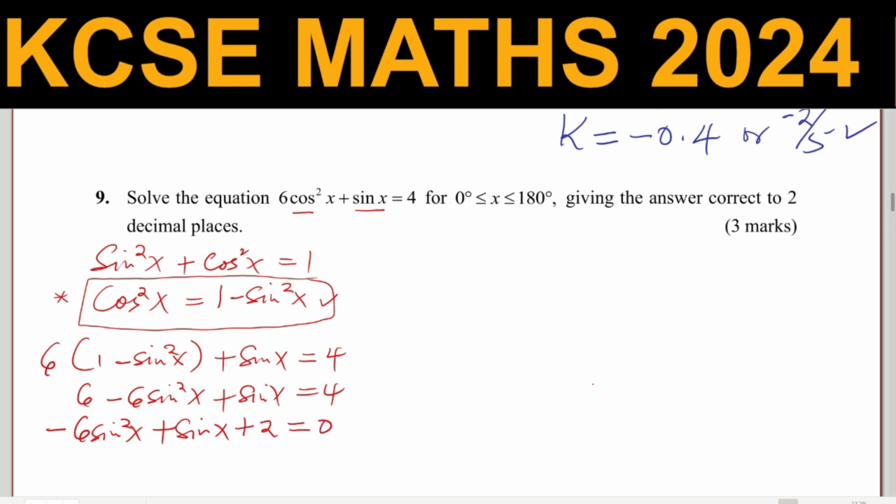Once I've done that, I can eliminate the negative here, negative 6 sine squared x, by multiplying each term by negative 1. So when I do that, I'll get 6 sine squared x subtract sine x subtract 2 is equal to 0.